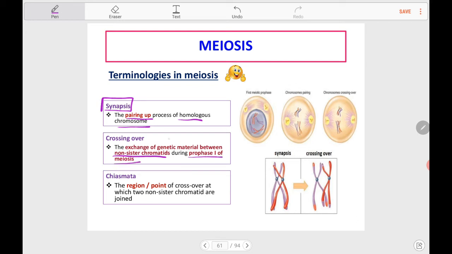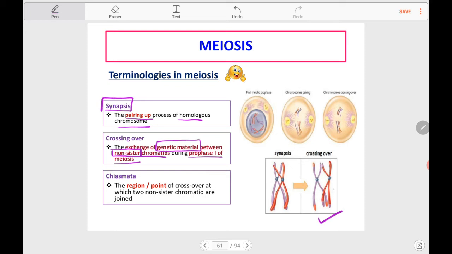So crossing over only valid if the genetic material bertukar di antara non-sister chromatids. So kalau kita tengok dalam gambar sebelah kanan ini, so ada kromosom yang color purple, ada kromosom yang bercolor merah.